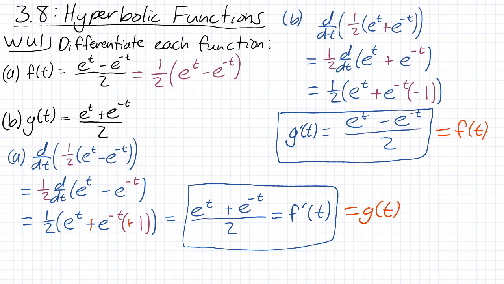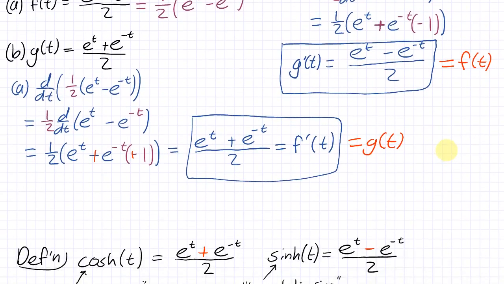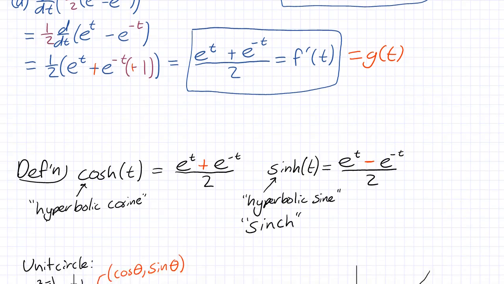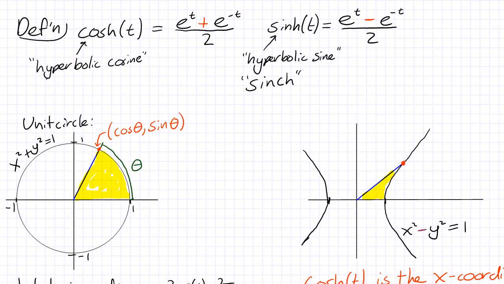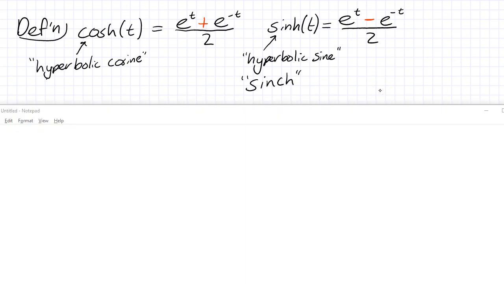And these are actually, I didn't tell you, but these are the hyperbolic sine and cosine functions. And let's look at a definition of them here. Let me cover this bit up for a minute.